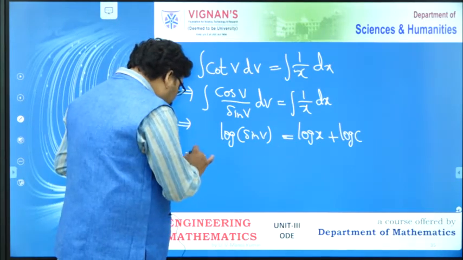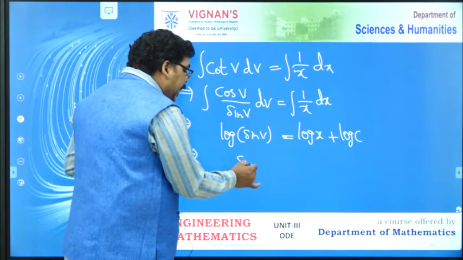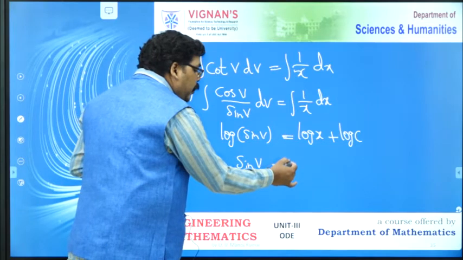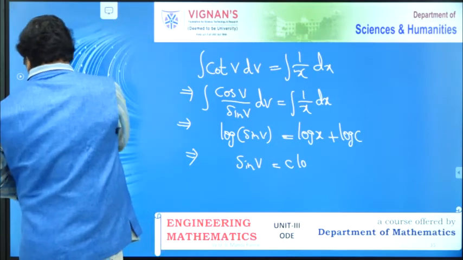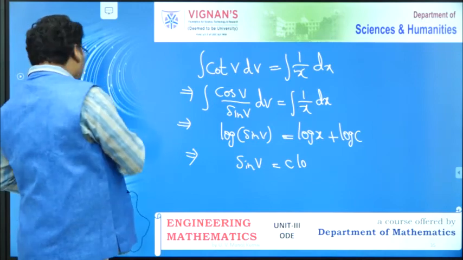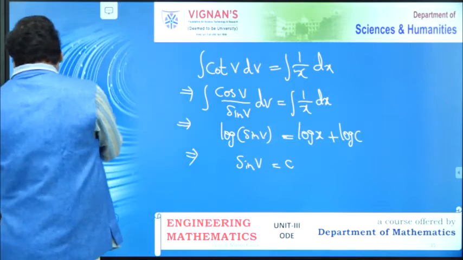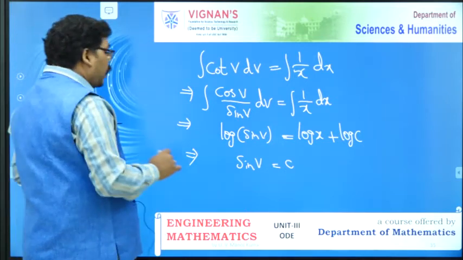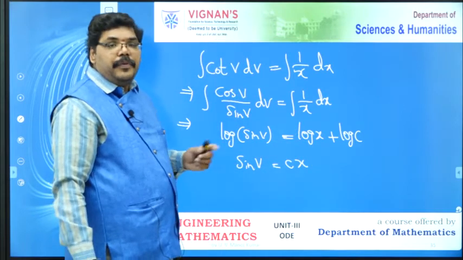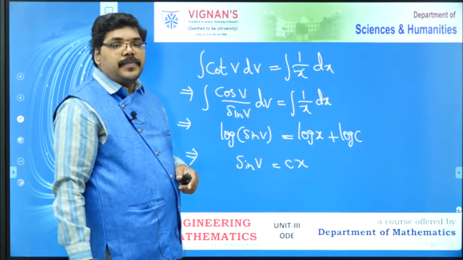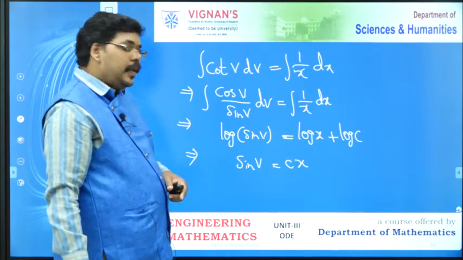When we remove the logarithm on both sides, we get sin v equals cx.